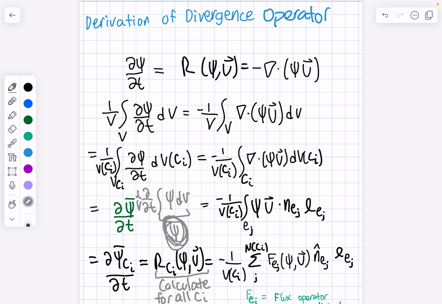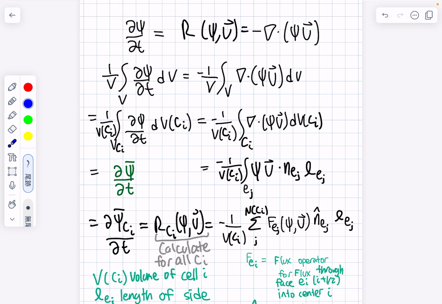But we don't really need to do anything to it. Once we get it, we can just take the cell average and put it back in the equation when we solve it for the next time step. And I believe what we're doing here is applying the divergence theorem. So this divergence goes away, and this becomes a circle integral along the edges Ej instead of the cell center.